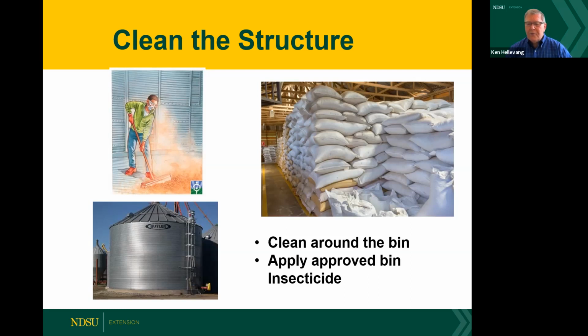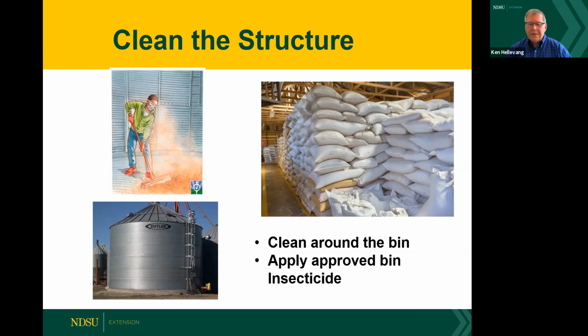The same thing would be true if we're working inside of a building. We need to make sure that the environment inside the building is clean, that it is not going to attract pests, as well as outdoors around that structure. And then if possible, we recommend also applying some type of insecticide that will, again, repel the insects.